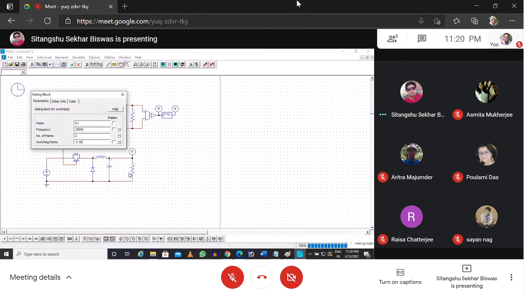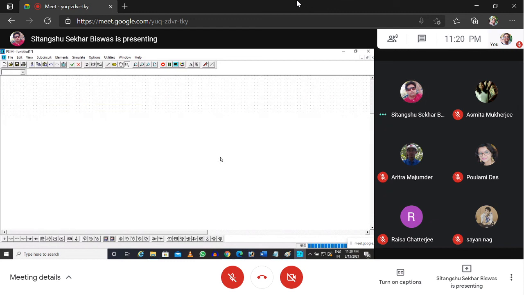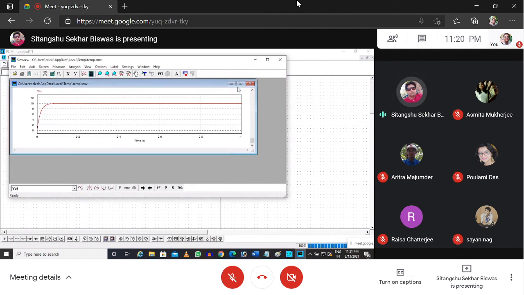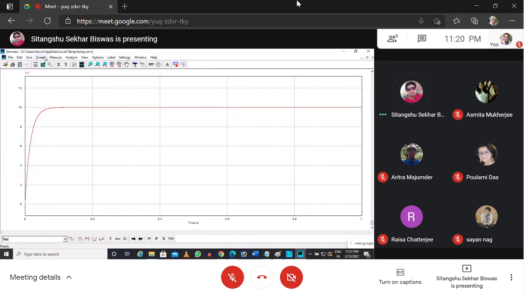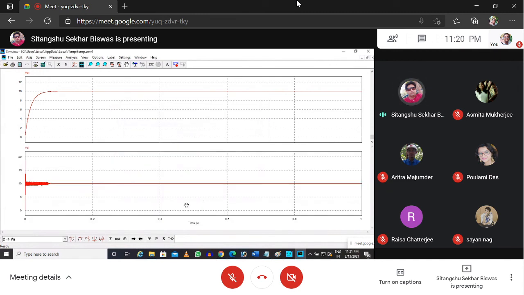Now if you see, this is my actual dashboard, and now if I design it, see this is also 10 volt.